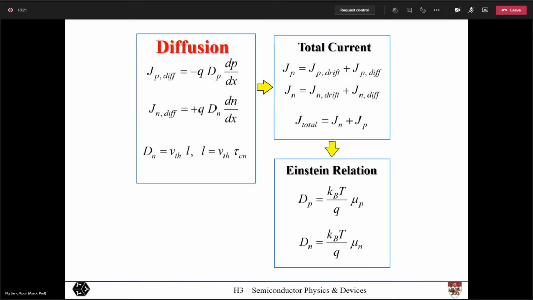So they have a common factor, which is scattering, that limits how fast the carrier can move, and consequently you get this relation that you can apply to find one parameter from the other, given the temperature. This is useful in the case where you're given one parameter, say mobility, and you want to determine the diffusivity. Then you can apply the Einstein relation to work out the corresponding parameter.